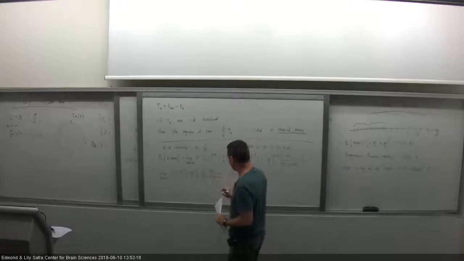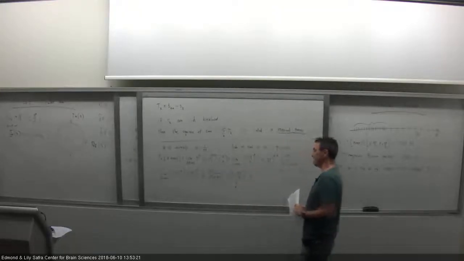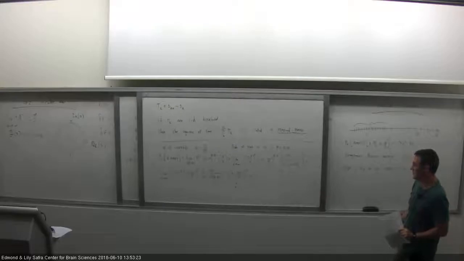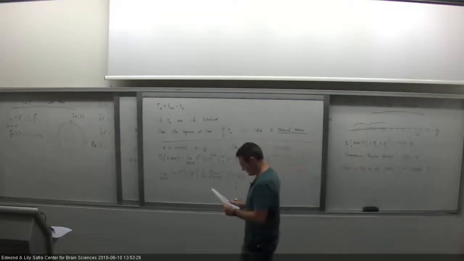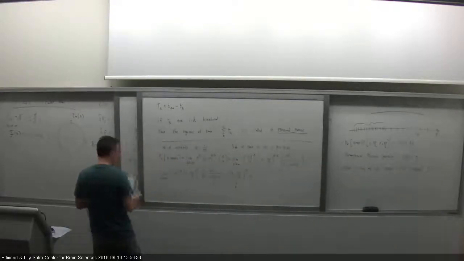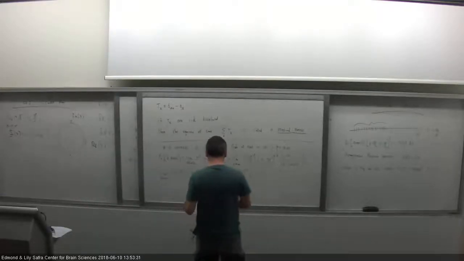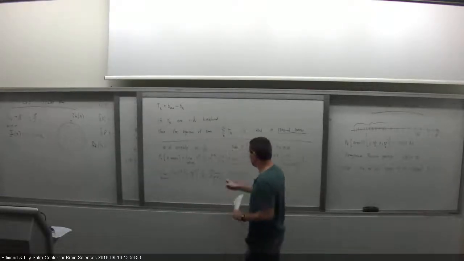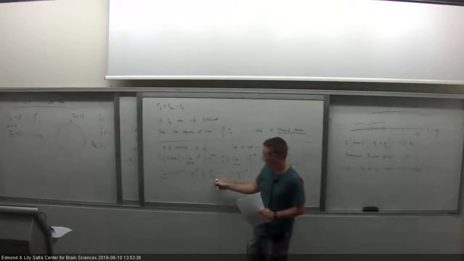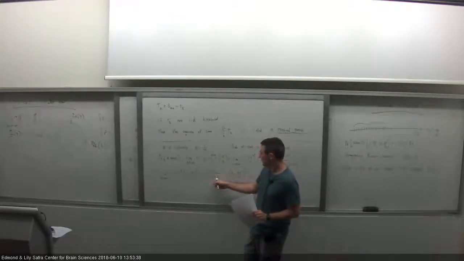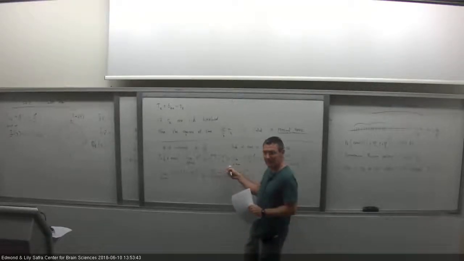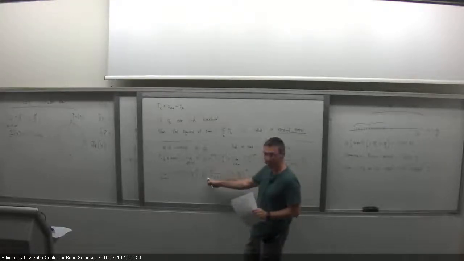What about this term? n factorial divided by n minus k factorial is equal to n times n minus 1 times n minus 2 times up to n minus k plus 1, so we have k elements, divided by n to the power of k.